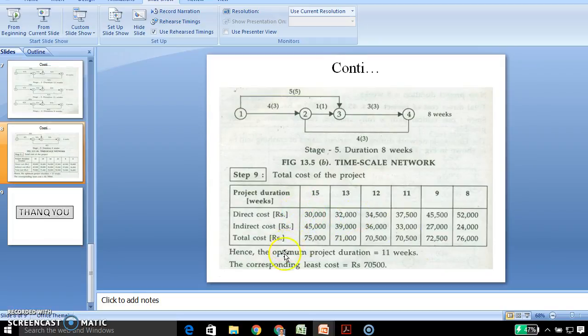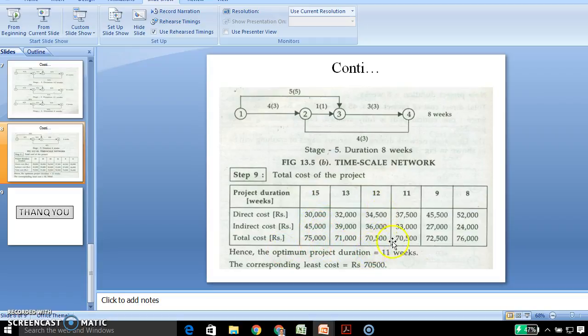Indirect cost is 3,000 per week, so we multiply it by each duration and write it there. Then we add direct cost and indirect cost, which gives the total cost.